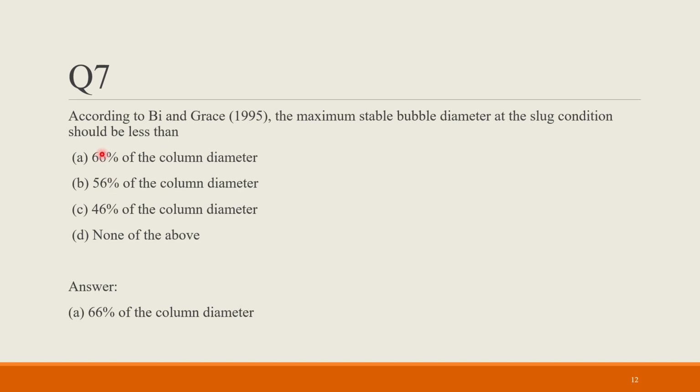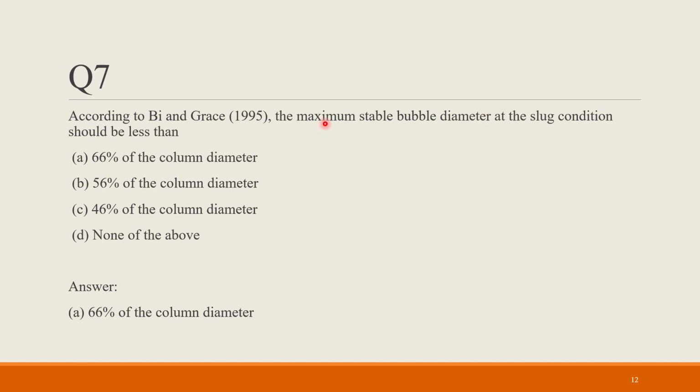So at that point, the bubbles would be losing their stability and breaking up. To avoid that, they suggested that if the bubble size is less than 66% of column diameter, maximum stability is achieved for the bubbles.